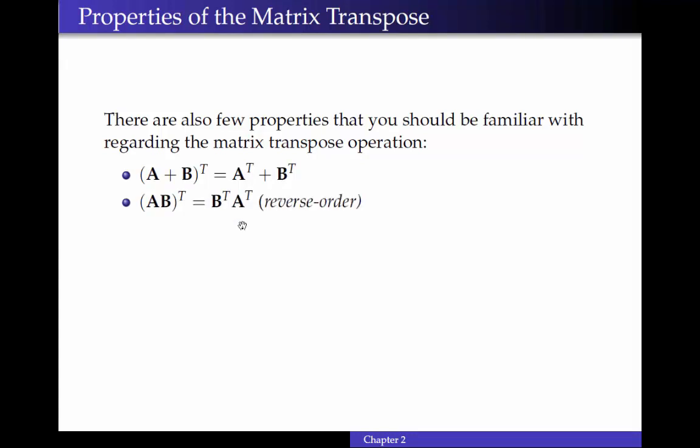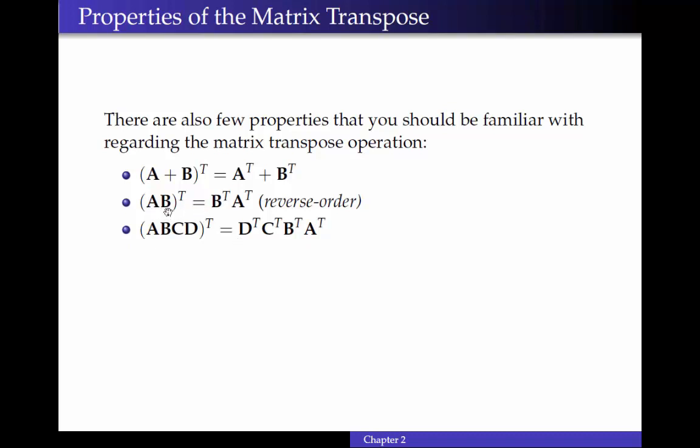The next one's a little strange. So the transpose of a product, to compute that, we reverse the order of the individual terms in that product. Okay, so AB, that quantity transposed, is B transpose times A transpose. So again, I reverse the order of the factors here.